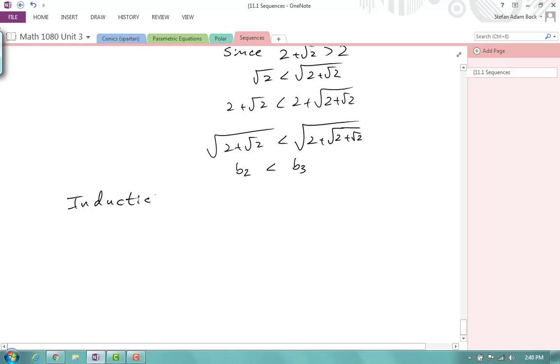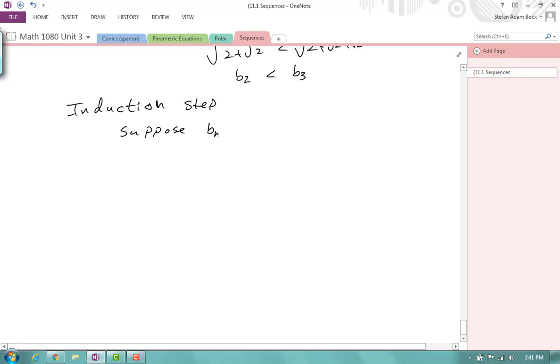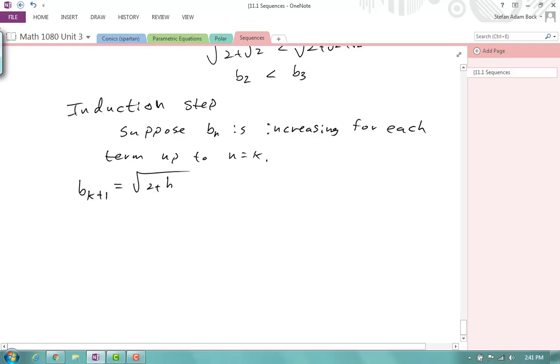So, induction step. Suppose b sub n is increasing for each term up to n equal to k. Then I want to show that it's again increasing from k to k plus 1. So b sub k plus 1 is equal to the square root of 2 plus b sub k.